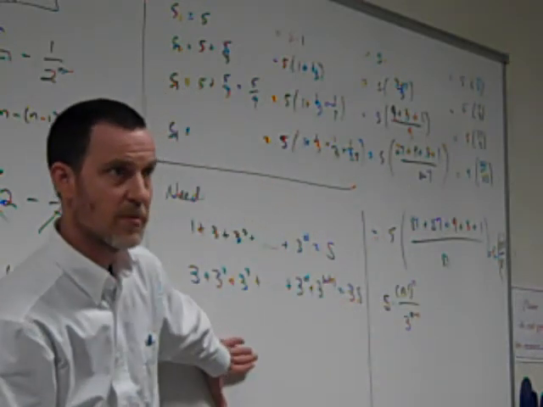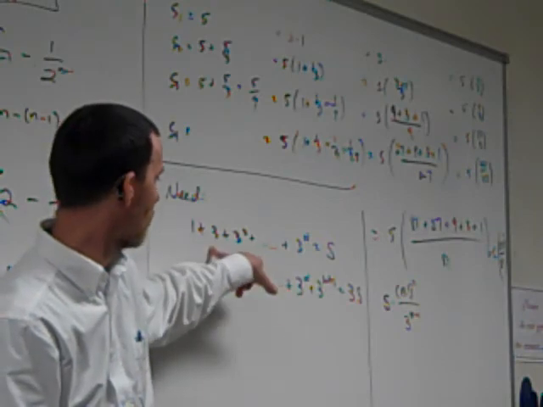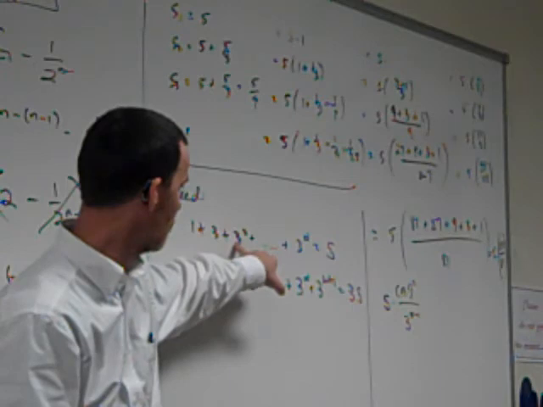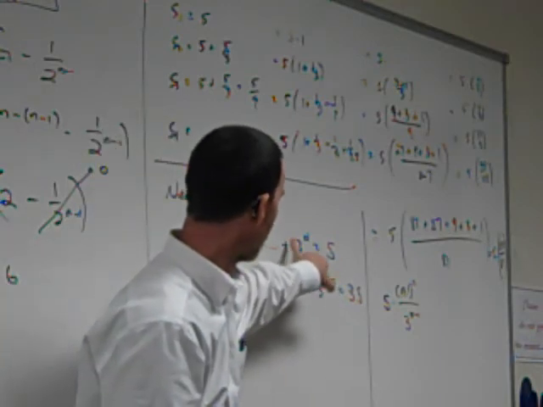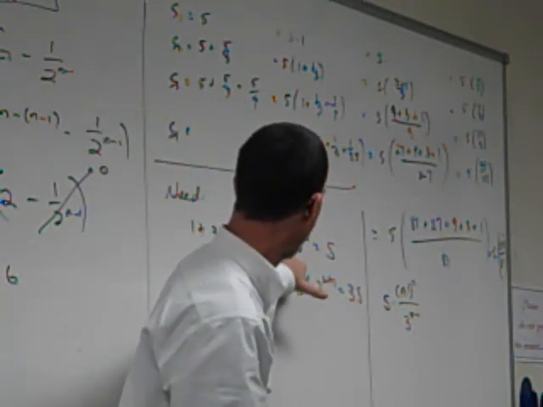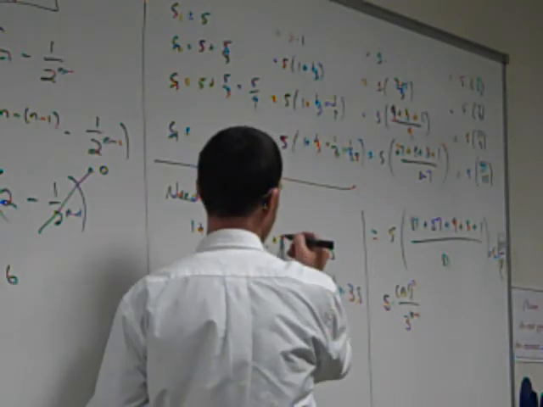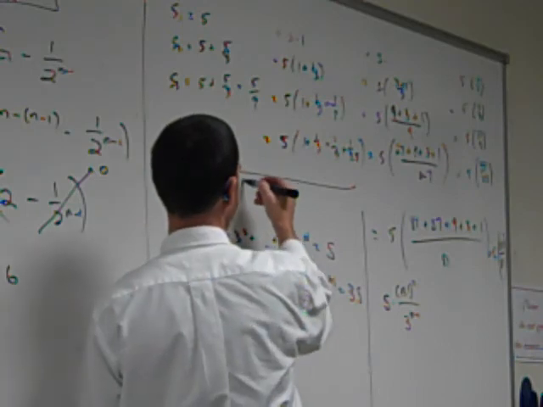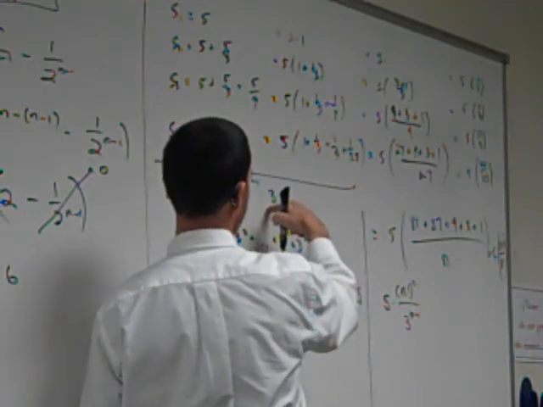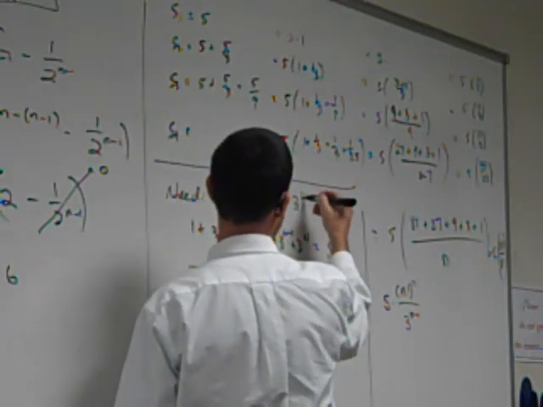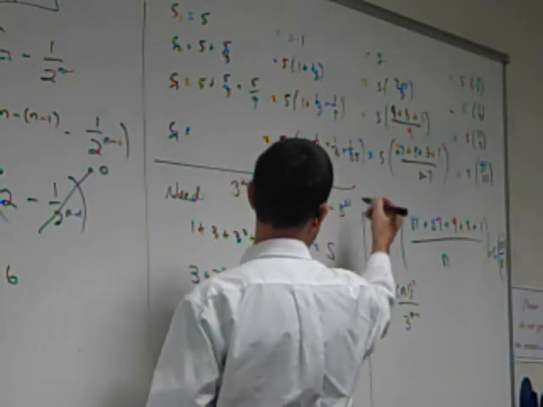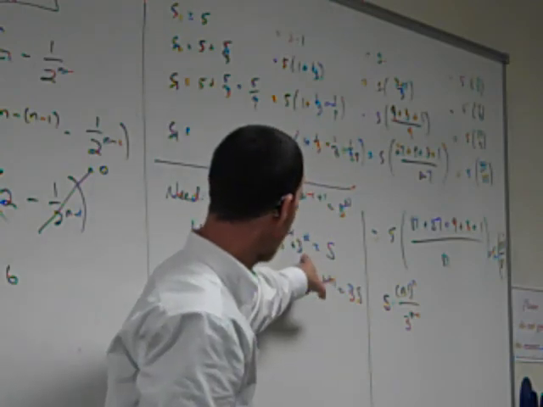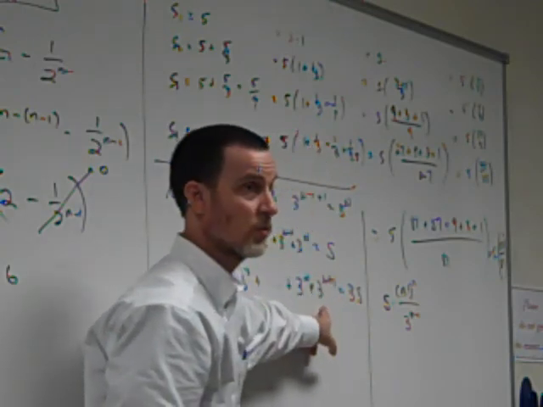You believe that? I multiply this whole expression by 3, I get 3 squared, 3 cubed. This one, the one before that, would have been the n minus 1. So when I multiply 3 to the n minus 1 times 3, that's 3 to the n minus 1 plus 1, so that's 3 to the n. But then the last one times 3 gives me n plus 1 threes.